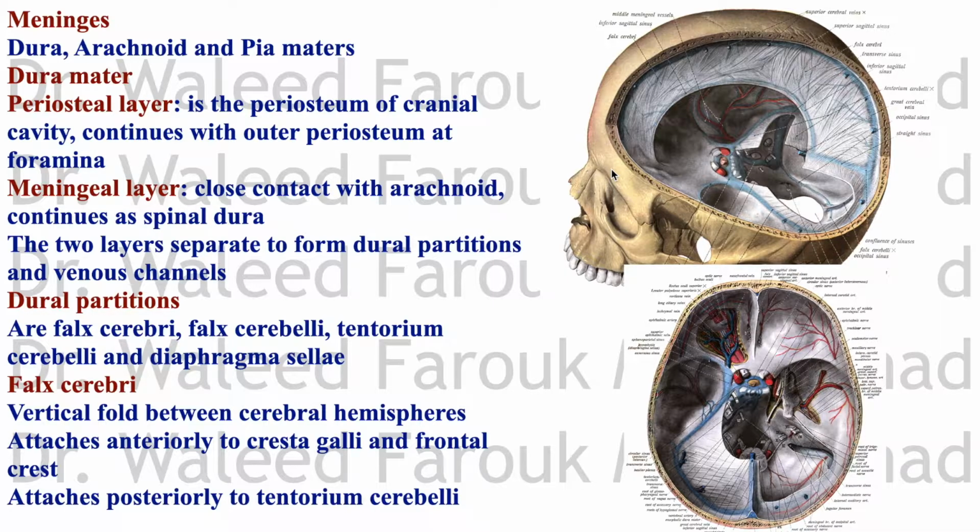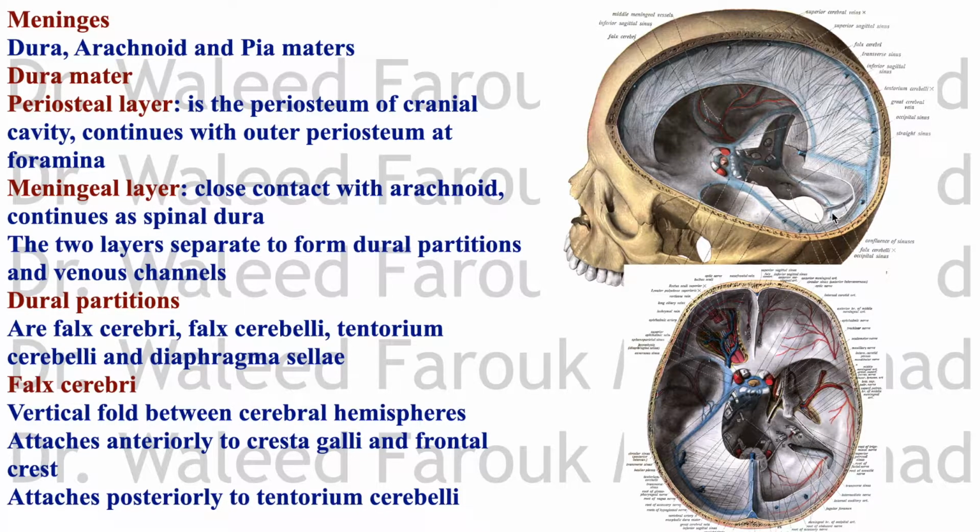Dural partitions are formed by the folds of the dura. There are two vertical and two horizontal folds. The two vertical folds are the falx cerebri, this one, and the falx cerebelli, this one.